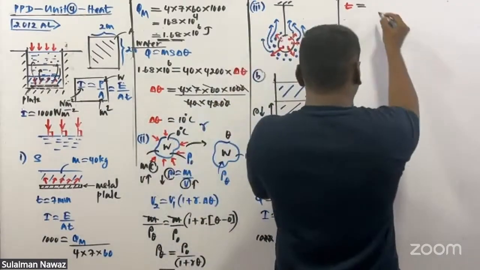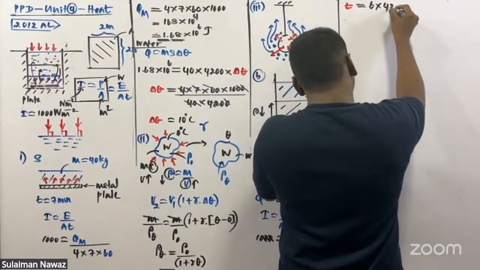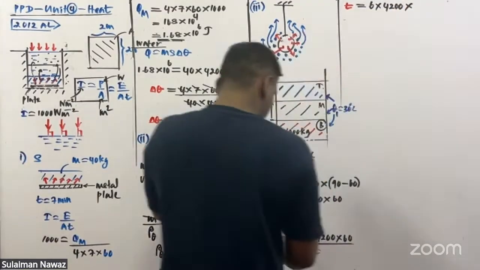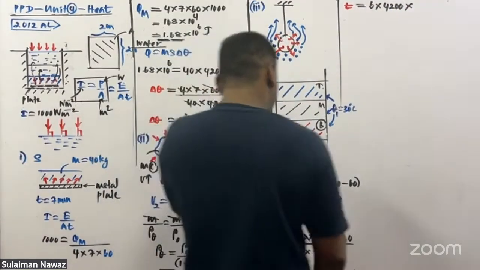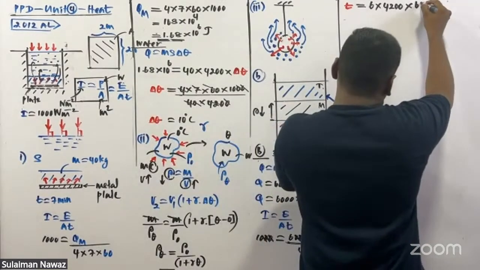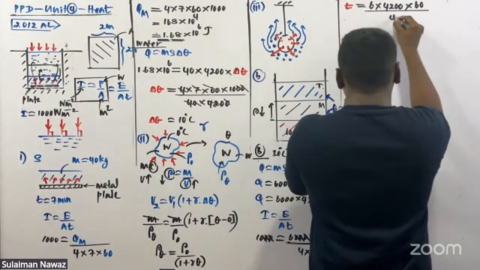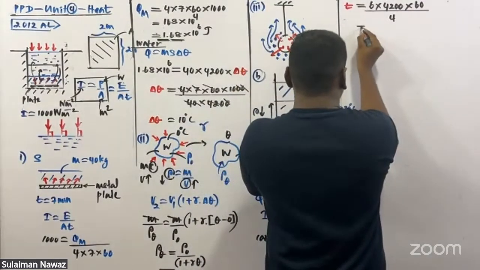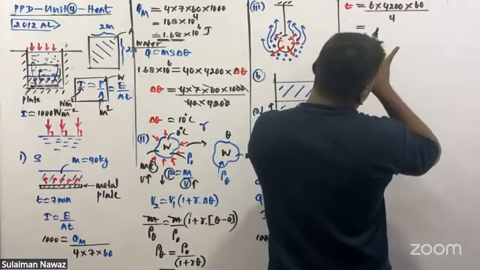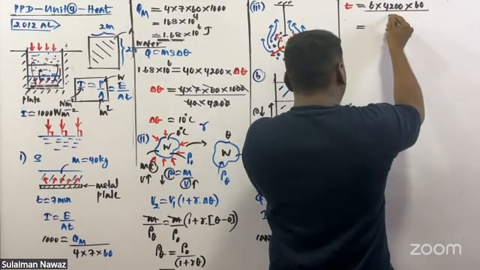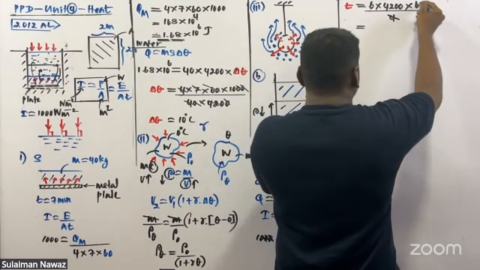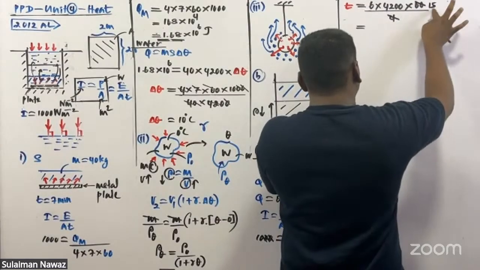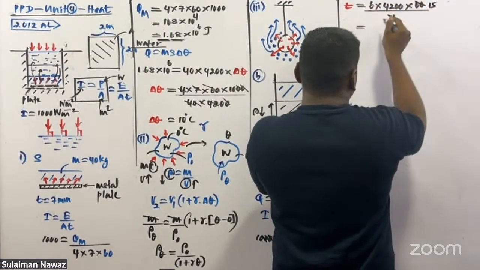Now 6 times 4200 times 60 over 4. What is the answer? Someone check the answer. If I divide 60 by 4, it is 15. 15 times 6 means 90.